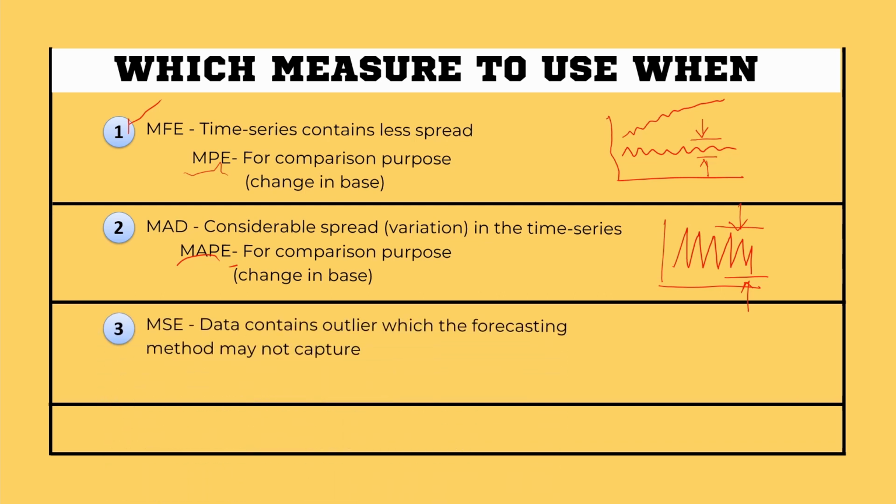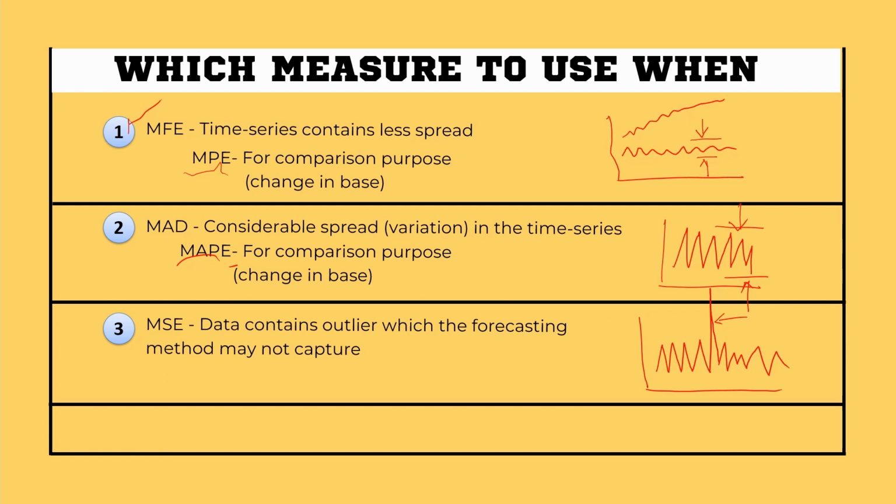Number 3 is MSE. In this case also spread will be there, but unlike MAD, one value or more than one value will be there where there will be an upper spike or lower spike. That means it will be an outlier compared to the rest of the data.